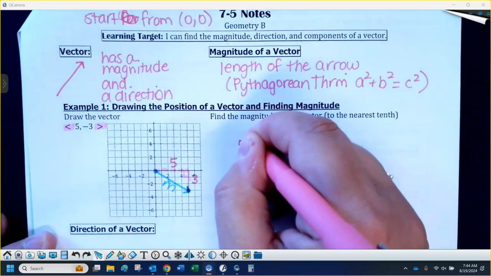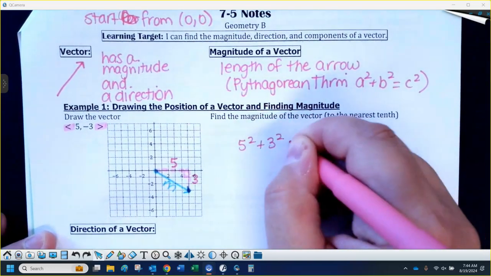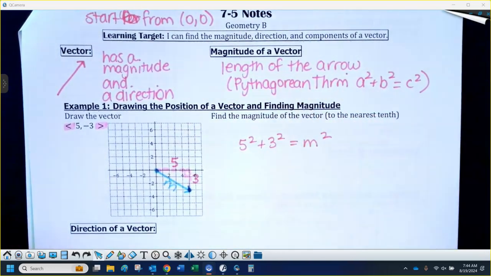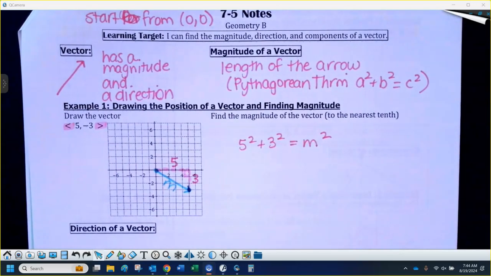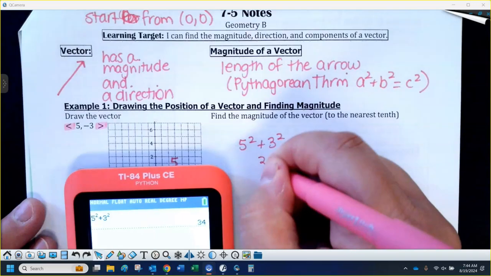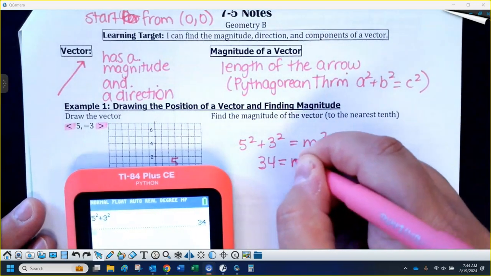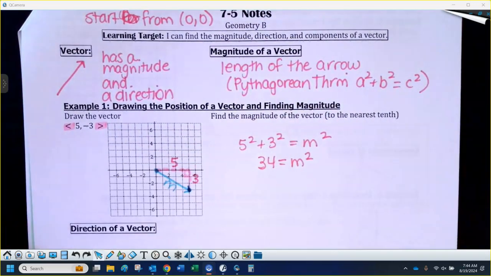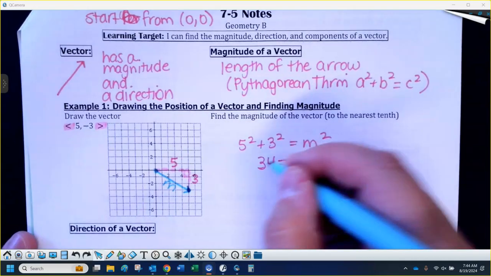So I'm going to do 5 squared plus 3 squared equals my magnitude squared. We're going to round to the nearest tenth. On your calculator, 5 squared plus 3 squared gives us 34. That's equal to my magnitude squared. If I want my magnitude, m by itself, what would you have to do there? Square root. That's all I have to do.